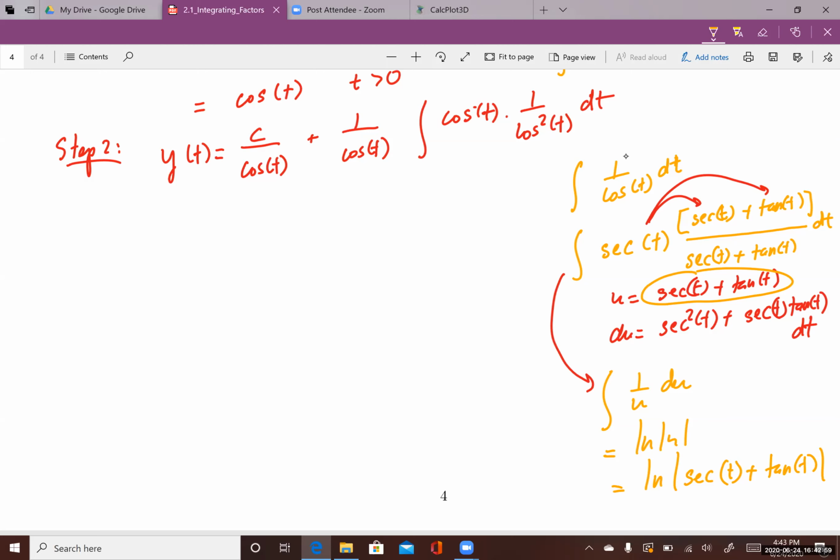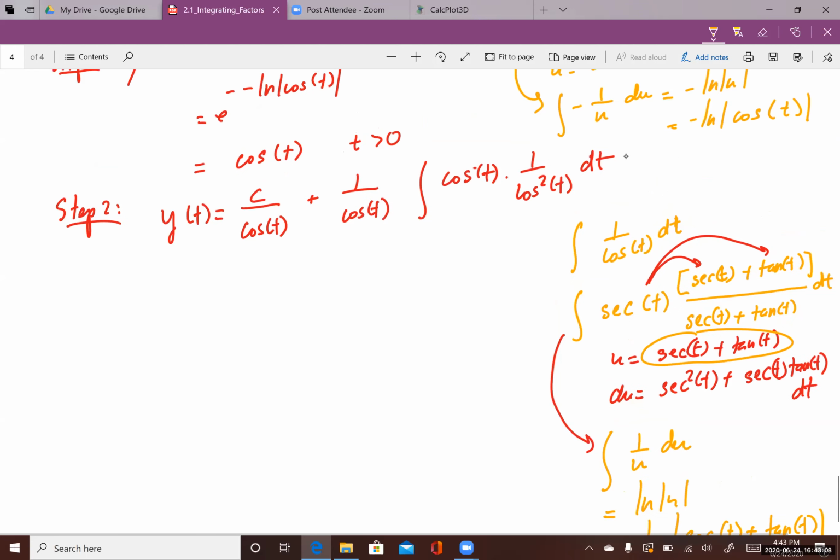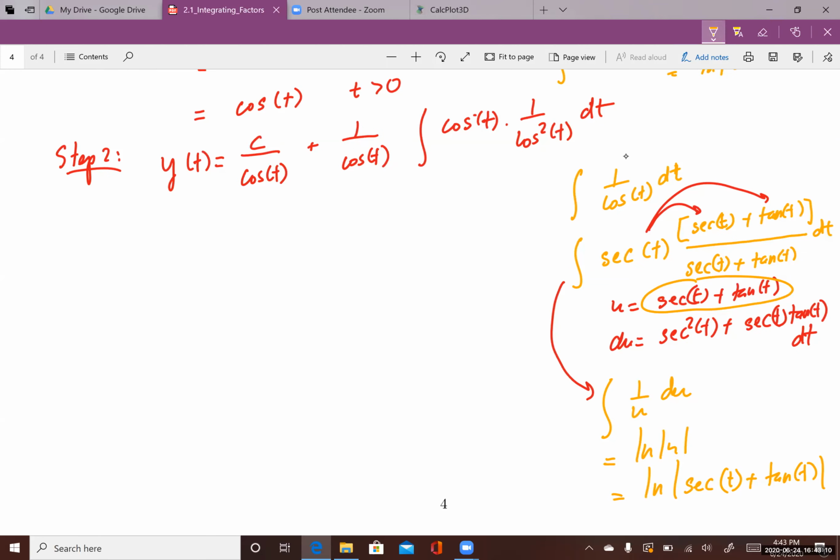Again, we can ignore the constant in this part because we already count the constant in the formula. Now we keep continuing our solution.